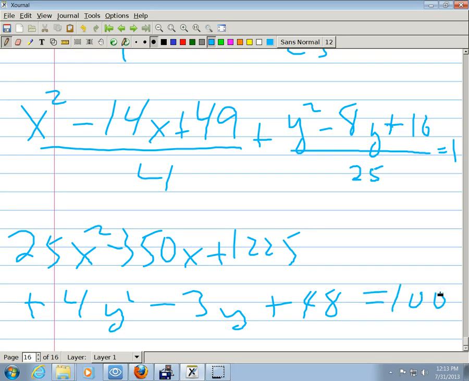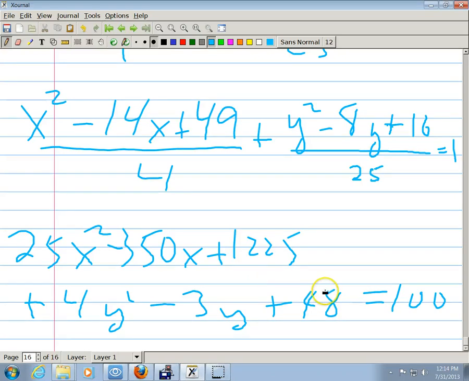All right, now is that general form? Is that complete? No, because it's got to be 25x squared plus so many xy's, there's no xy's, plus so many y squareds, plus so many x's, plus so many y's, plus so many constants. It's almost there.